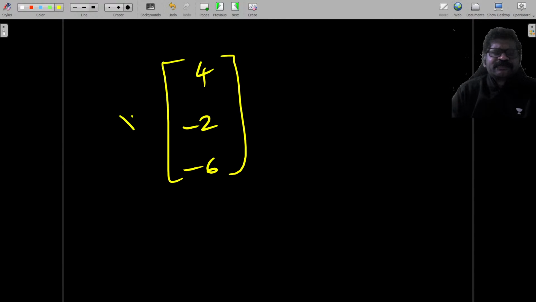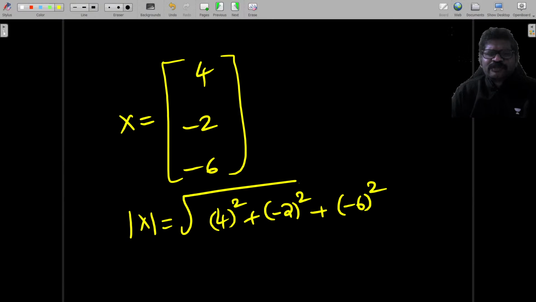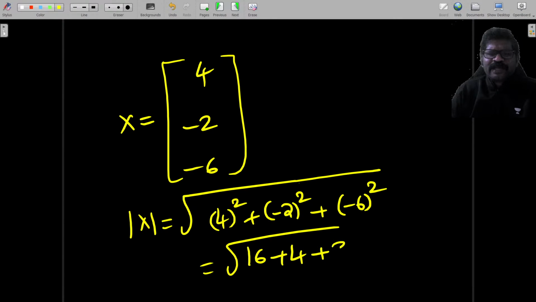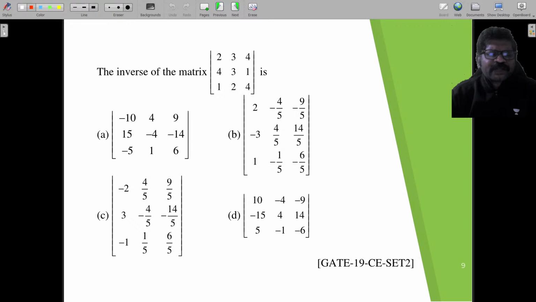Now length of the vector x is square root of 4 square plus minus 2 whole square plus minus 6 whole square, that is 16 plus 4 plus 36, that is square root of 56. Square root of 56.